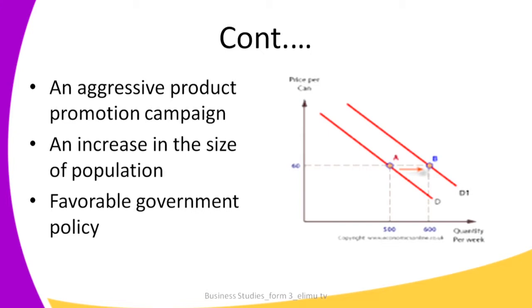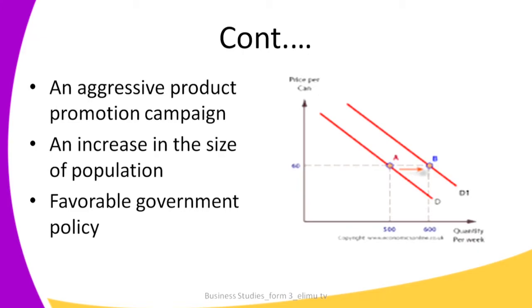Remember, we talked of advertising as a factor that affects the demand of a product, and we said if you advertise your product, demand goes up because many people get informed about your product, and therefore they demand it. So an aggressive product promotion campaign would make the demand curve shift to the right.